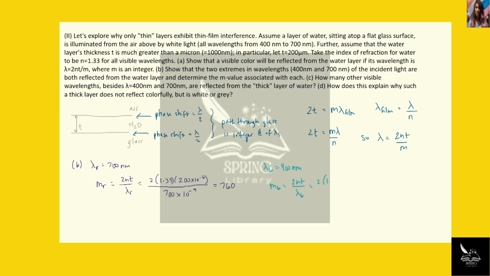So we'll still have 2 times 1.33 times 200 times 10 to the minus 6 meters for the thickness of the film, divided by now 400 times 10 to the minus 9th meters for our light, and I get 1,330 wavelengths. Then we're asked, how many other visible wavelengths are reflected from the thick layer of water?